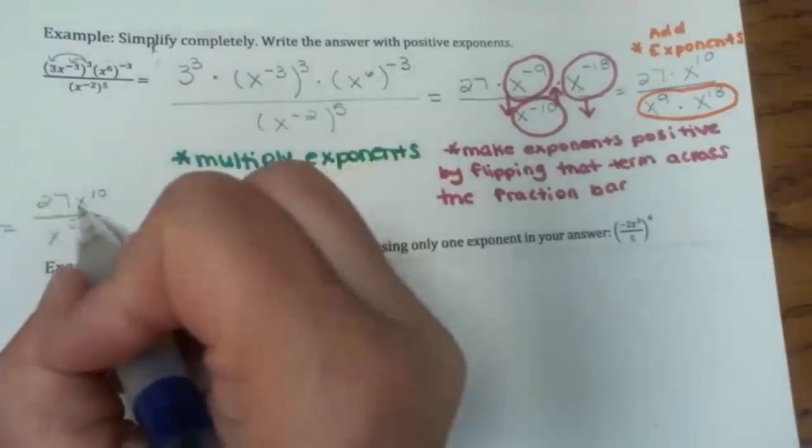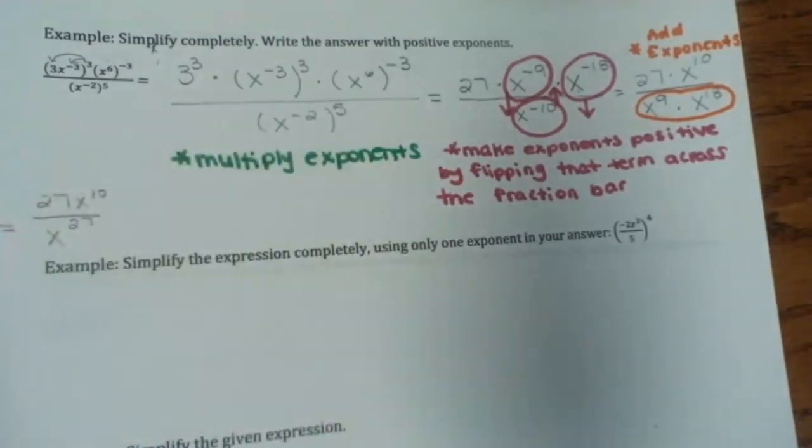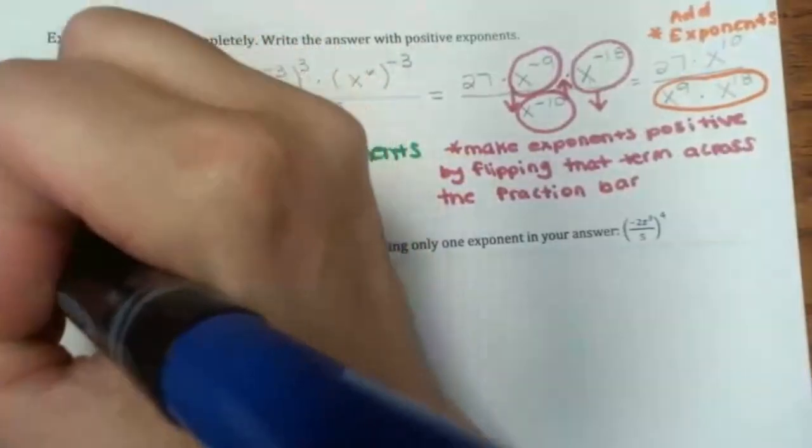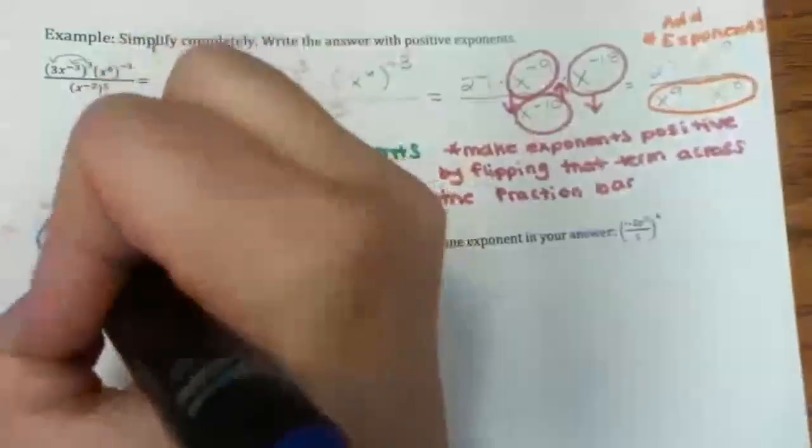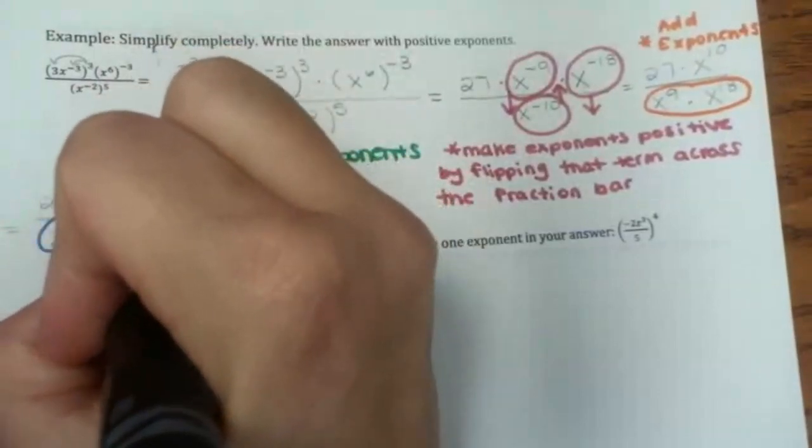Getting closer. Now I see that I have x's on the top and the bottom. So let's combine those like terms. Let's combine these exponents. They're both x's, so they're like terms. We are dividing, so that means we can subtract our exponents.